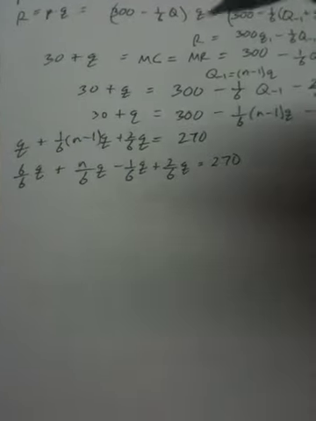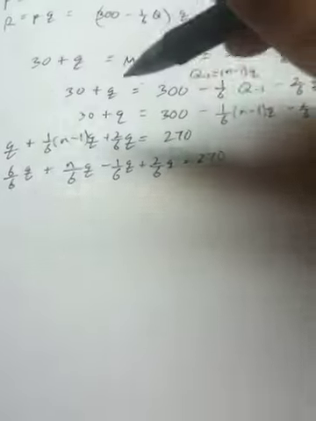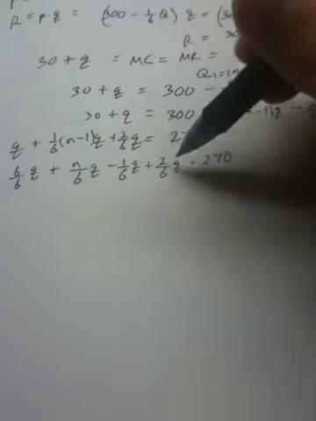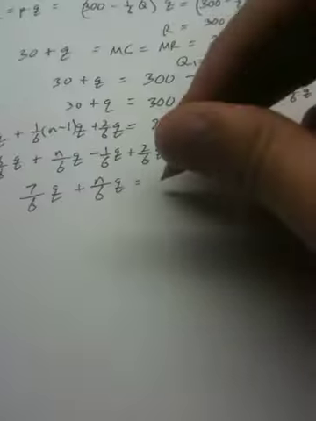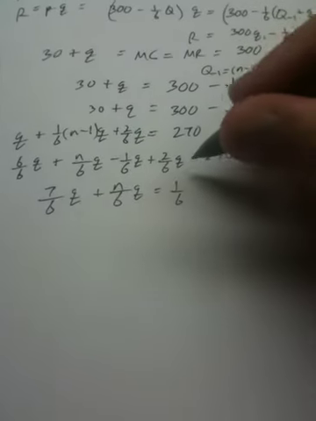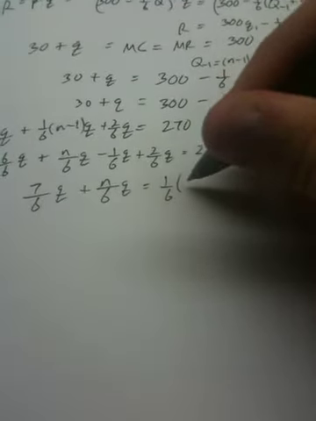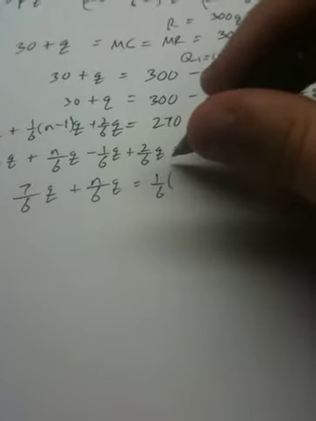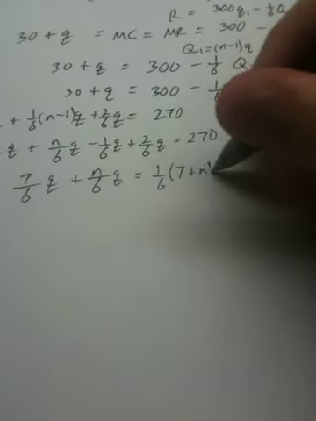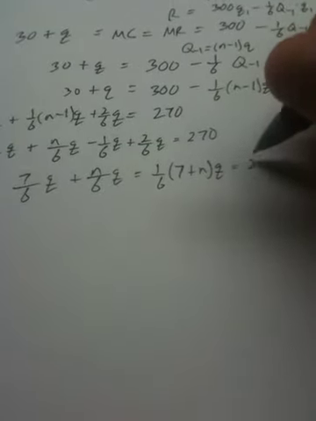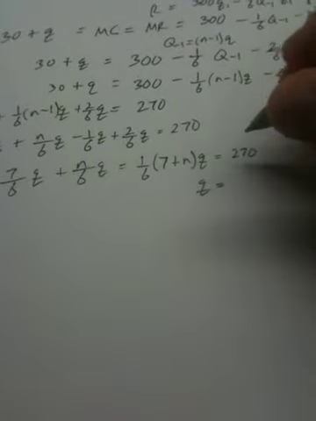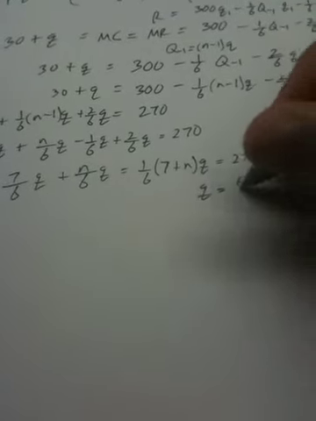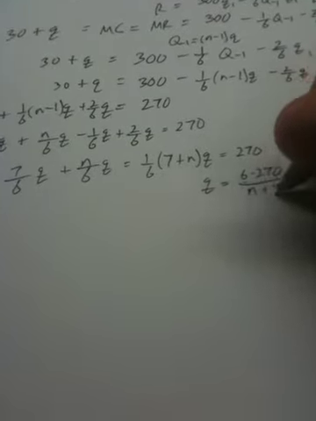So that means that we've got 6/6, negative 1/6, and 2/6. So that makes 7/6 q, and then we've got n over 6 q, which we can write as 1/6, the common factor, times 7 plus n, q equals 270. So then q, if you solve for it alone, equals 6 times 270 over n plus 7.